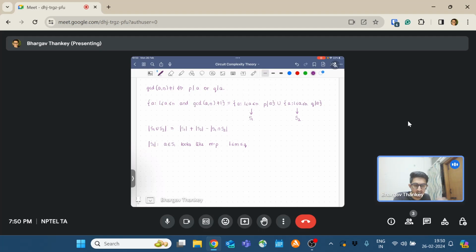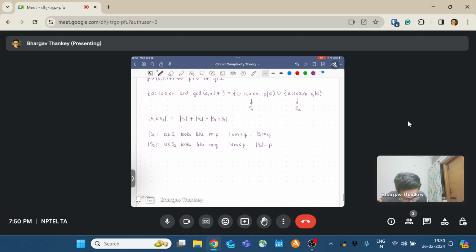Why Q? Because if it were larger than Q, then A would be larger than PQ, which is N. Yeah. So the size of S1 equals Q. And the size of S2 is the same as above, right?